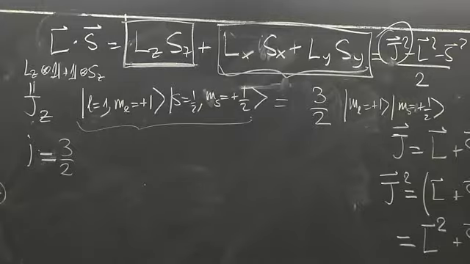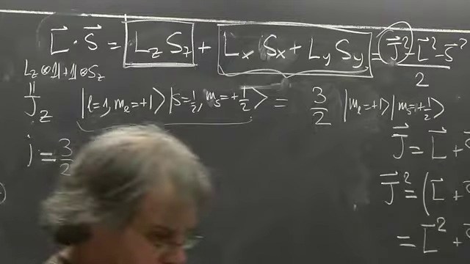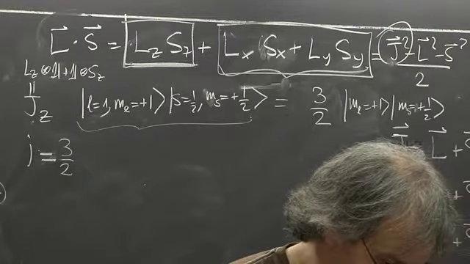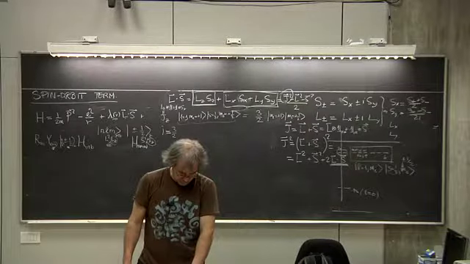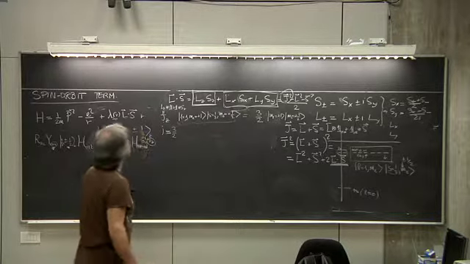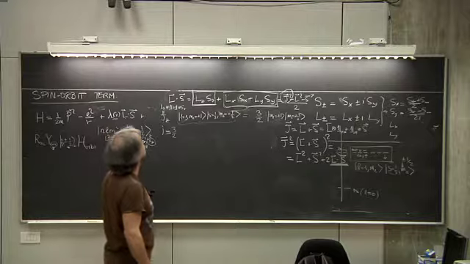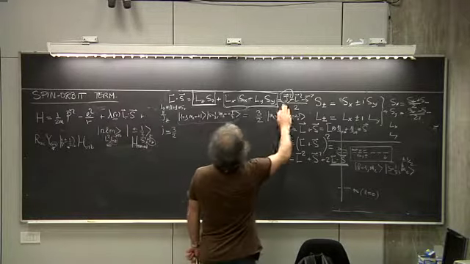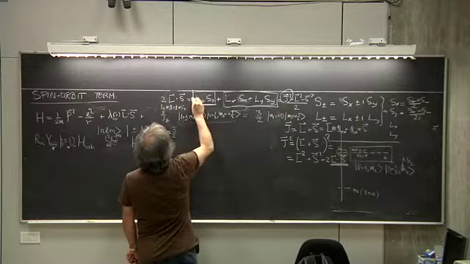There are several arguments to say that this must be an eigenstate of J square. One of them goes as follows.